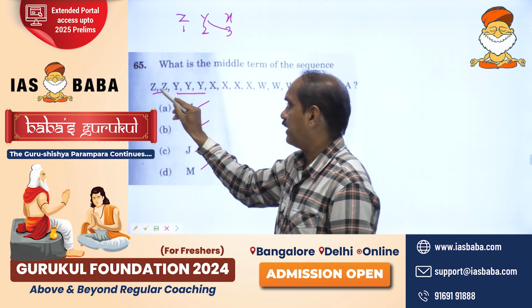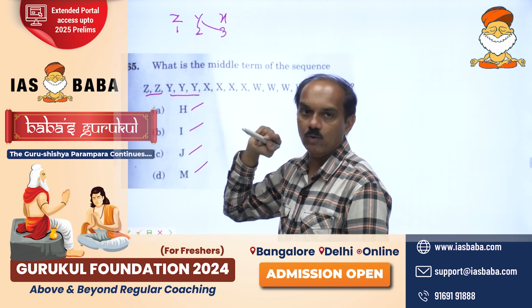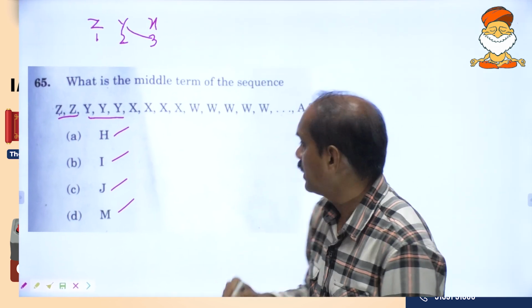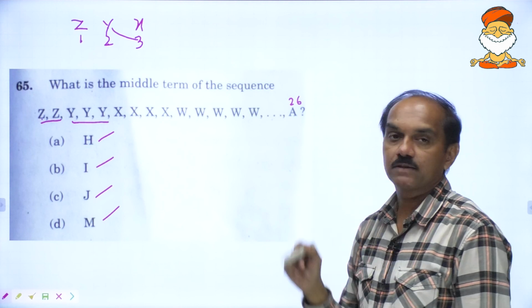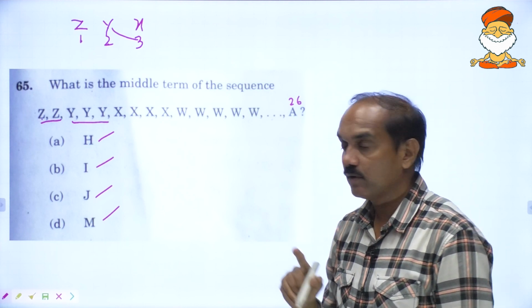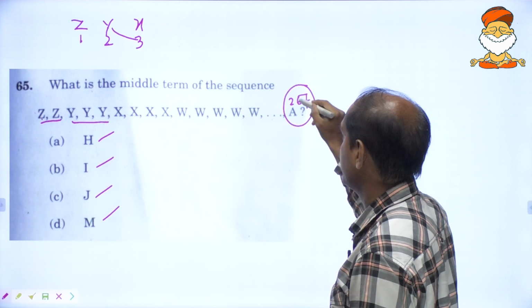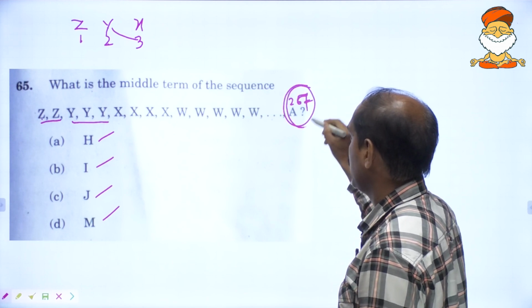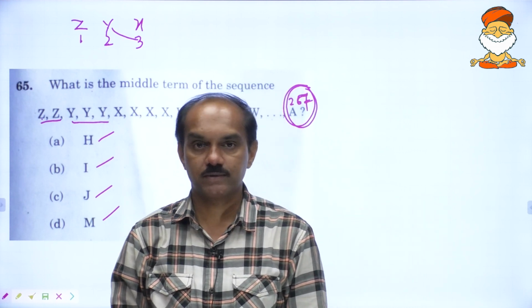Z is supposed to be only 1, but it is repeated 2 times, meaning 1 more. Same way A will become 26, but it is not repeated only 26 times. It will be repeated 27 times in the end.